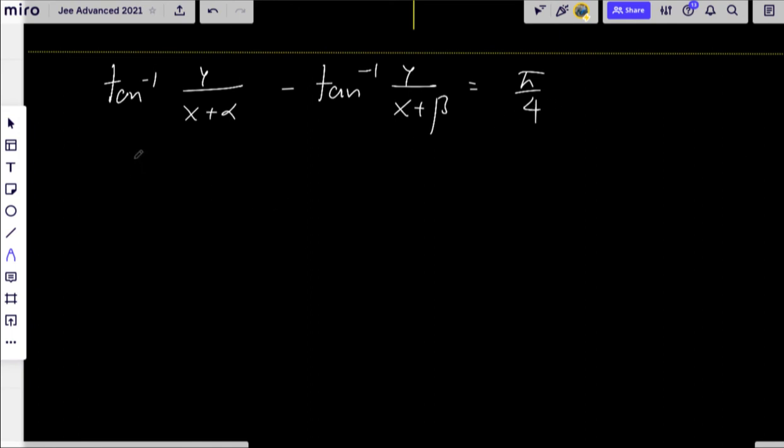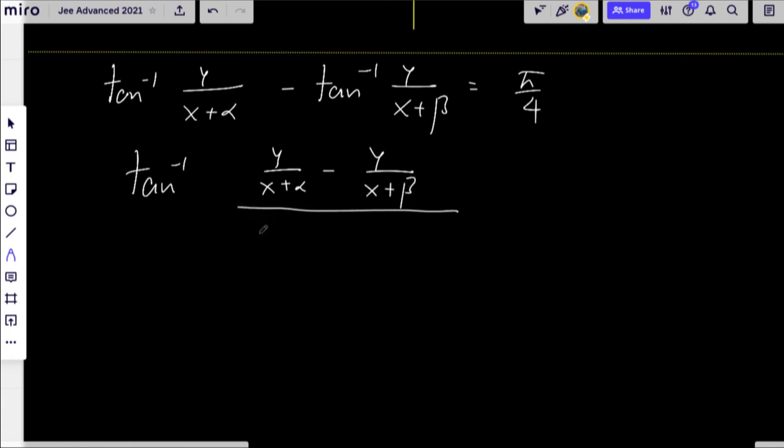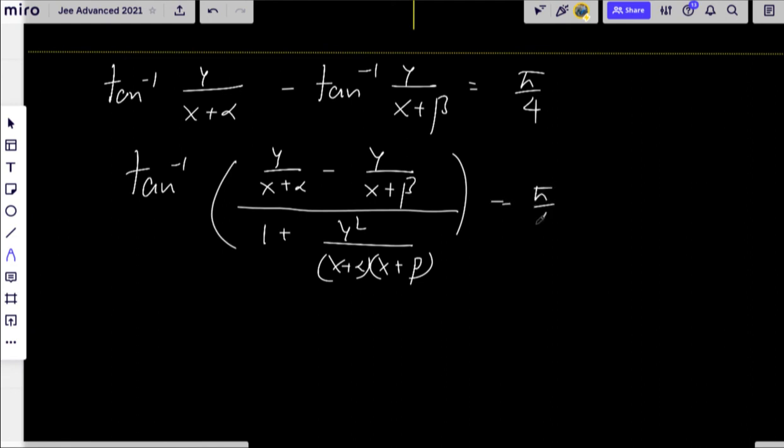Applying the formula, we get (y upon x plus alpha minus y upon x plus beta) upon (1 plus y square upon (x plus alpha) into (x plus beta)), and that is pi by 4.